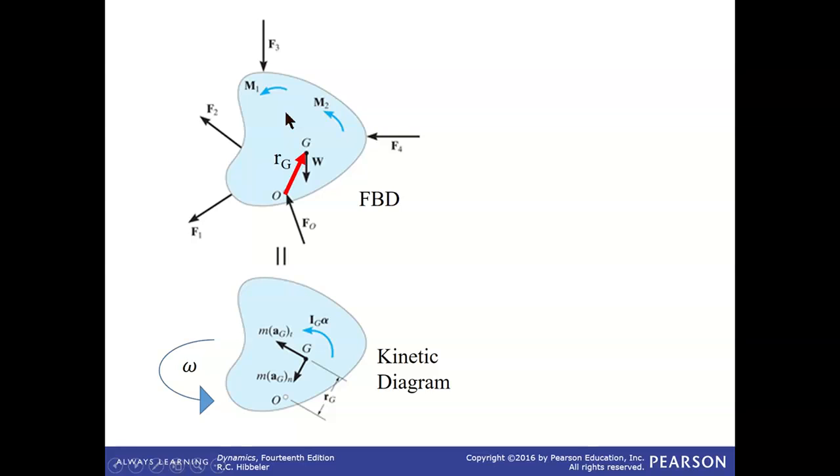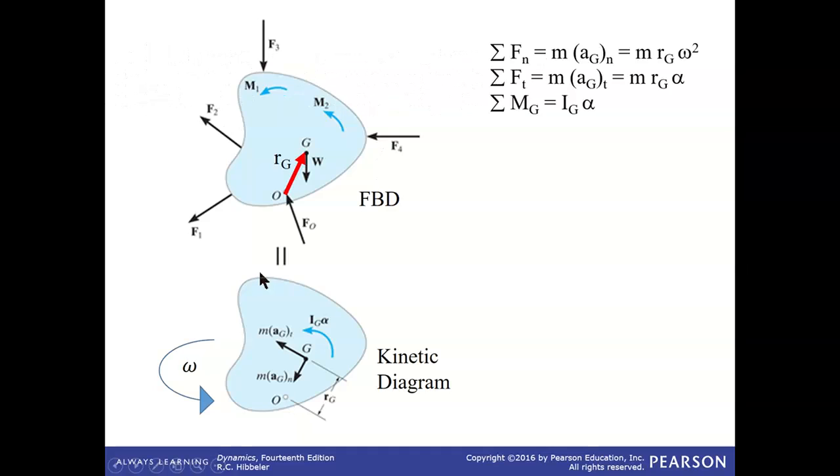So basically what we have done here is we have reduced all these forces to a single force, and then we have projected that force along tangential axis and along normal axis. Now the line of action of the normal axis passes through O, but the tangential axis is at some distance rg from the point of rotation.